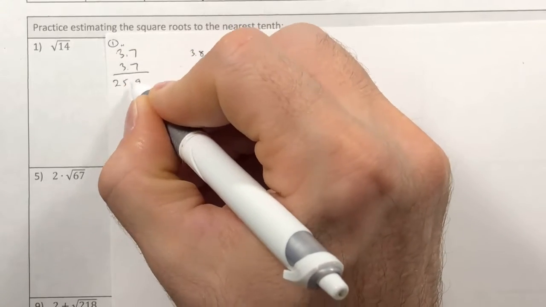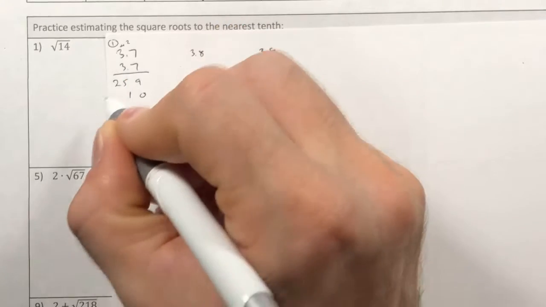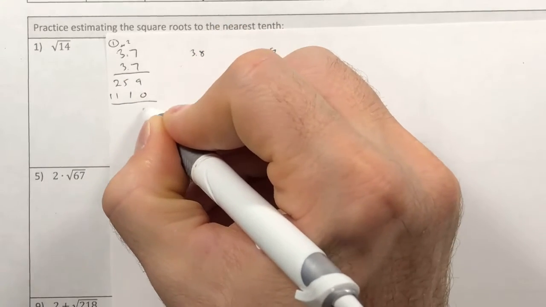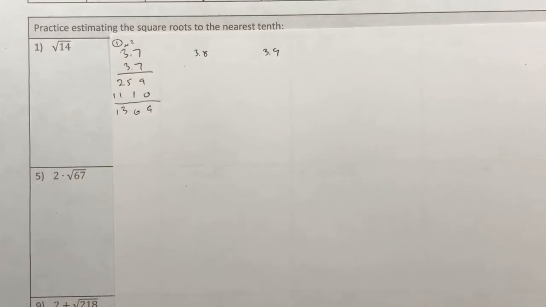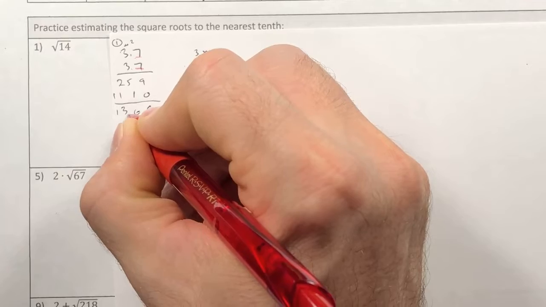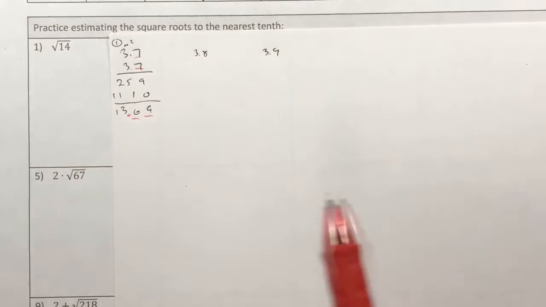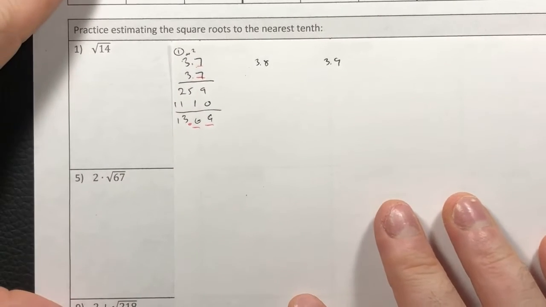Hold my 0. 3 by 7 is 21, carry my 2. 3 by 3 is 9, plus 2 is 11. I got 9, 6, 3, 1. What I know is that I had 2 decimals, so I have 2 decimals in my final answer. I have 13.69.